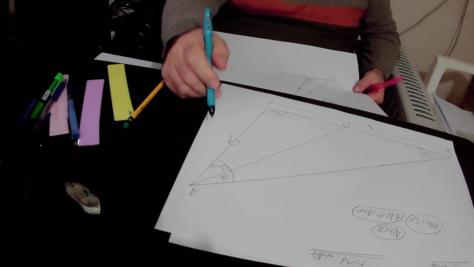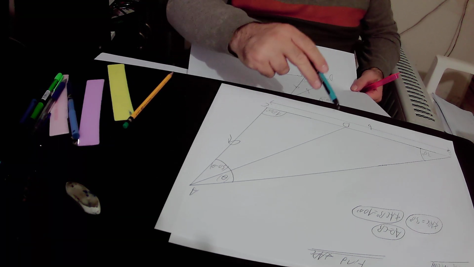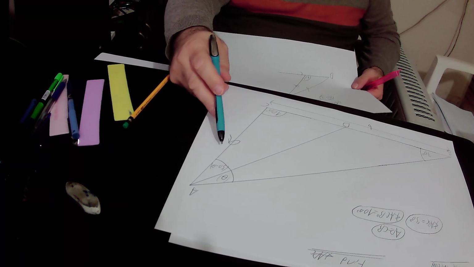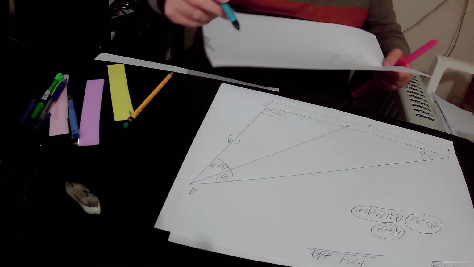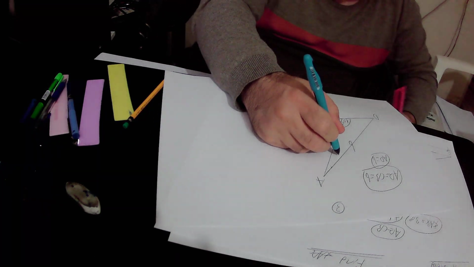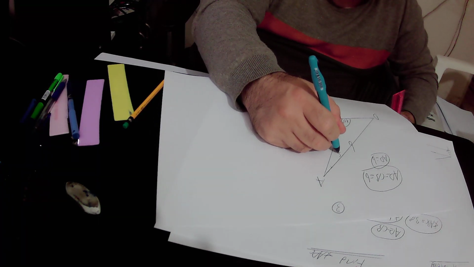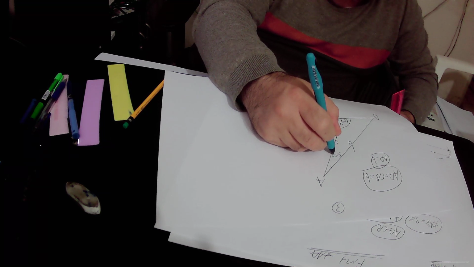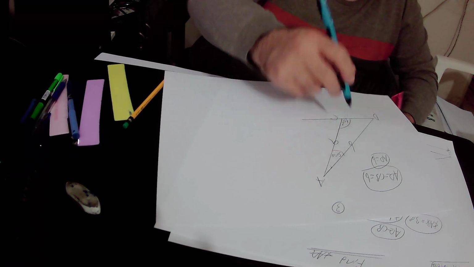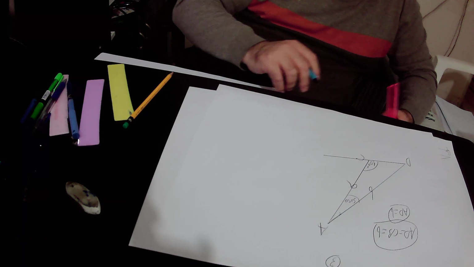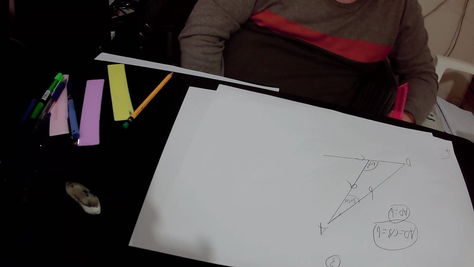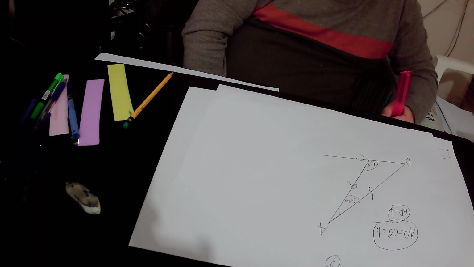And from the drawing you can see that angle DAC equals 50 degrees minus theta. And we know that the sum of the angles in any triangle is equal to 180 degrees.